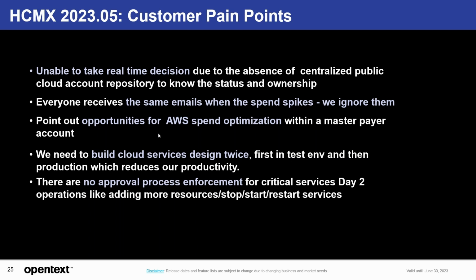For example, they can take an action if it is suspended, and they may want to check why it is suspended, or if it is active, whether it needs to continue to be active, or likewise for inactive. So that is one thing, giving the status. At the same time, we also want to provide the primary owner and the secondary owner of the account, as per the current records.